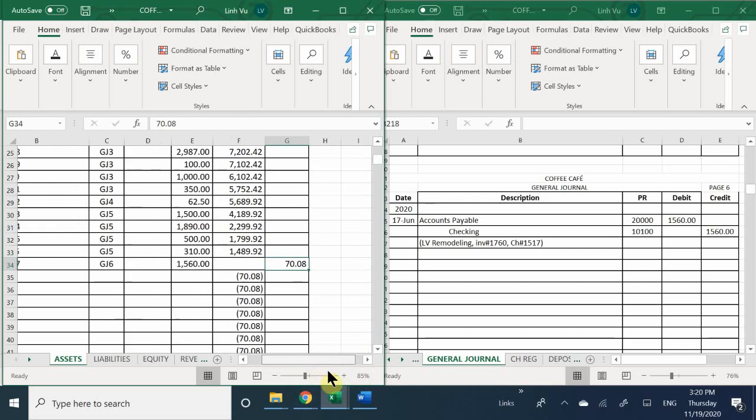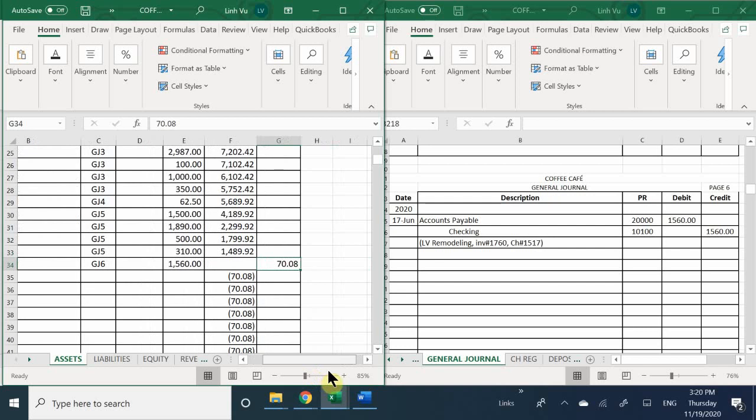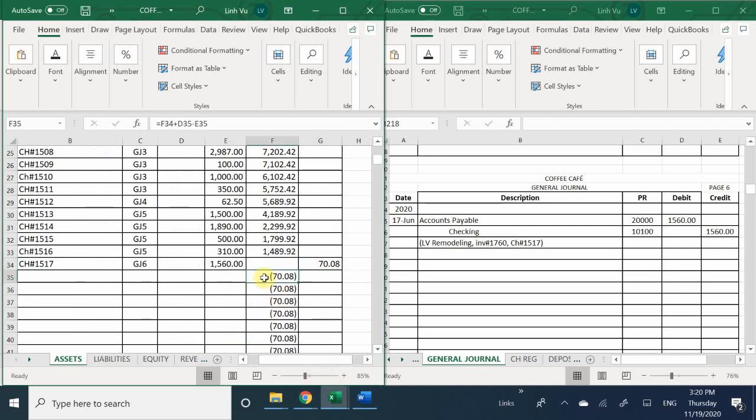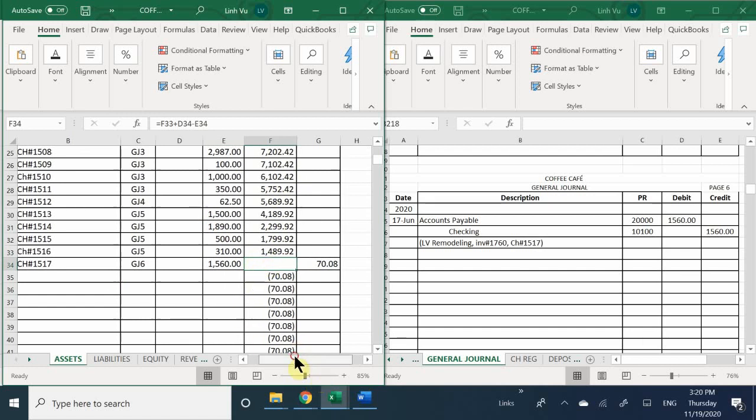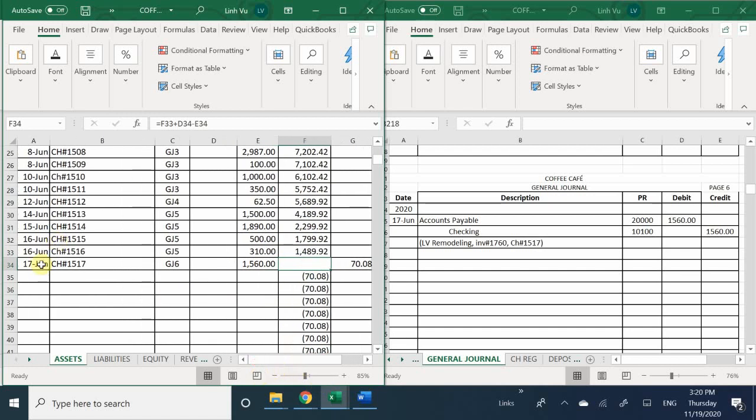So I know I'm under by $70. But my formula here has not changed. So if I add another credit here, it's just going to recalculate. But yes, we wrote an insufficient check. So let's go see what happens next.